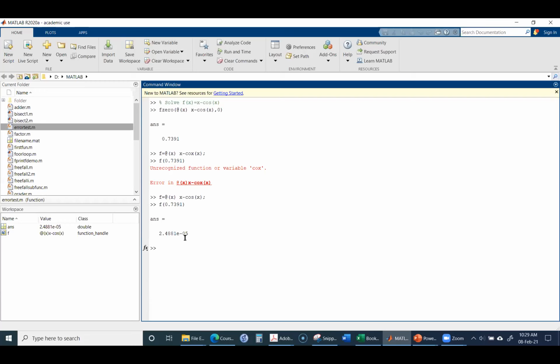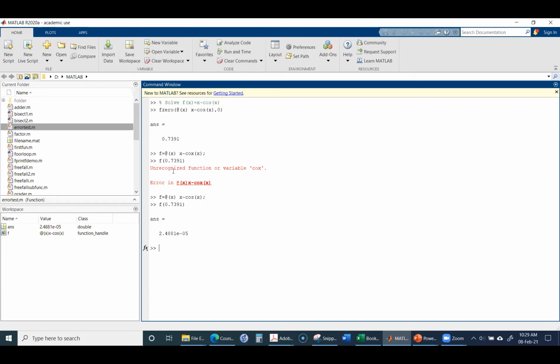Did you get what I am doing over here? I have verified the answer which I previously got, 0.7391. I input that answer into the equation, and I got that the value of this function is 2.488 into 10 to the power minus 5, which is very close to 0.